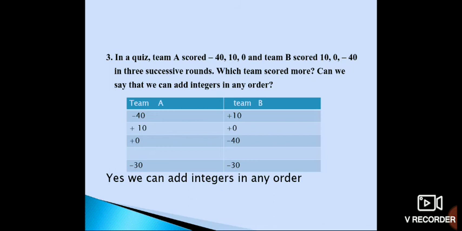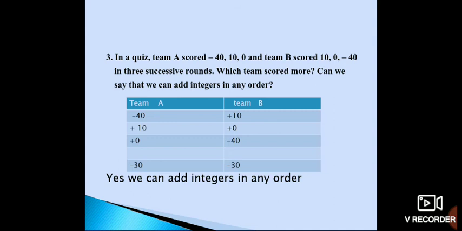Solution: team A scored minus 40 in the first round, plus 10 in the second round and 0 in the third round. Similarly, team B scored plus 10 in the first round, 0 in the second round, and minus 40 in the third round.